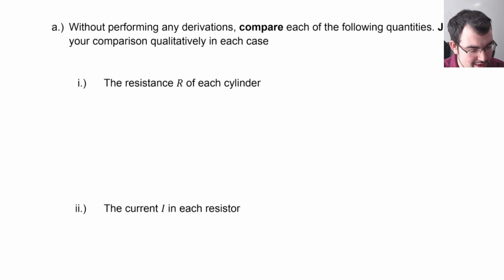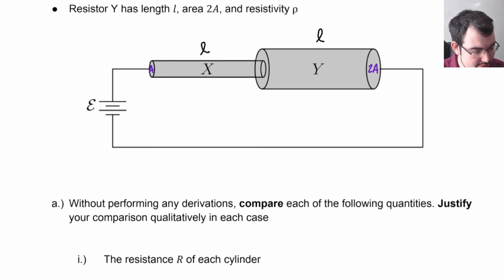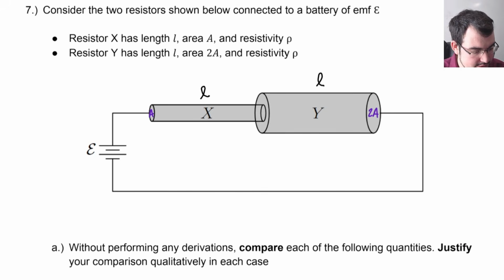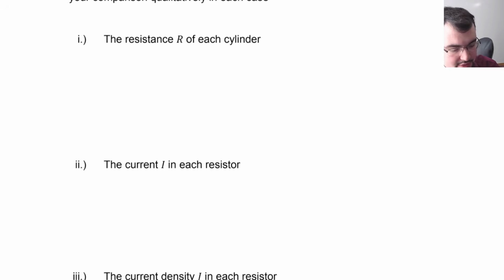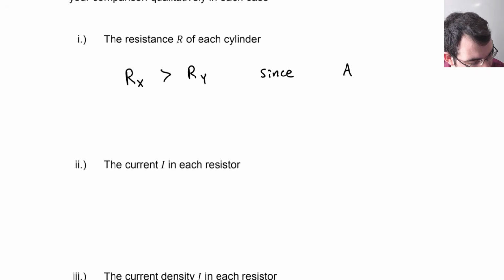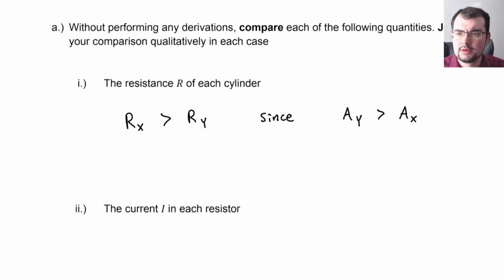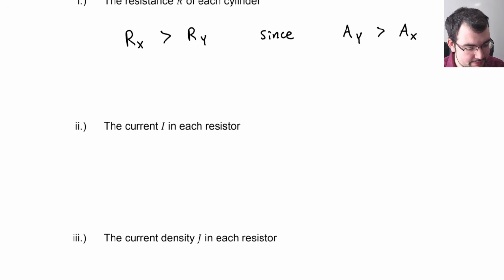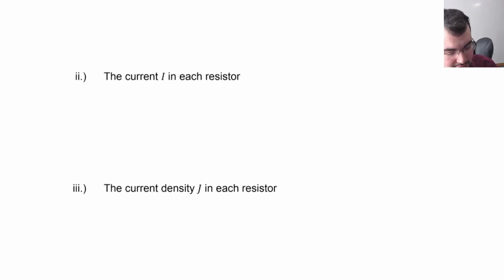We have the resistance R of each cylinder that we're comparing first. So it's the same length, same material, but Y has bigger area. So this means X has larger resistance than Y, since the area of Y is larger than the area of X. Because the larger your area, the lower your resistance because of rho L over A. The current I through each resistor.